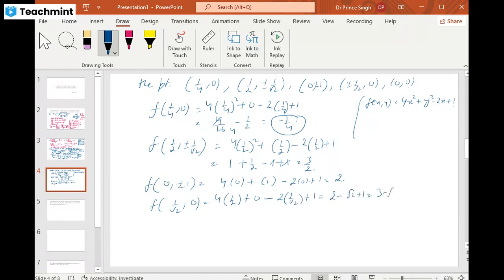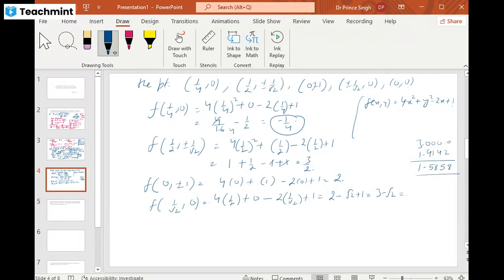So it is 3 minus root 2. So 3 minus root 2, taking root 2 as 1.4142, this value is 1.5858, approximately 1.585.